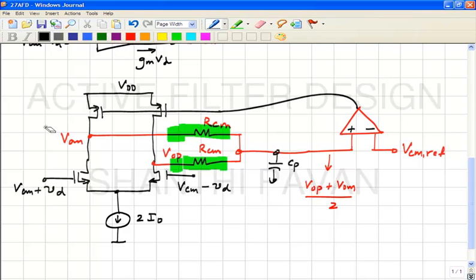If you have an extra pole in the loop gain function, what do you think will happen? Phase margin will reduce, thereby compromising the stability. So these are all the problems with using large RCM. Is that clear? Okay. So, can somebody suggest another fix?